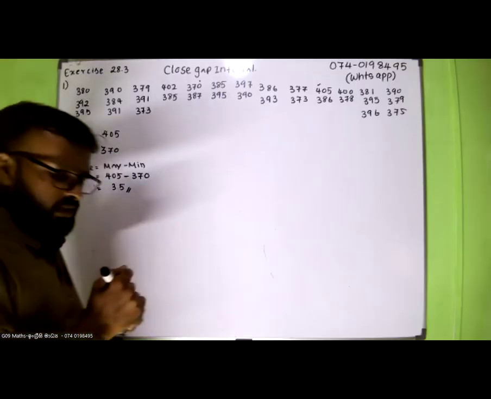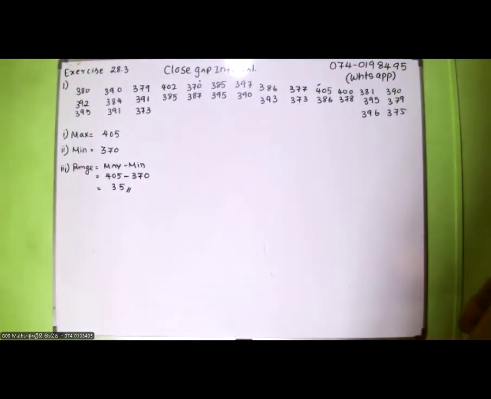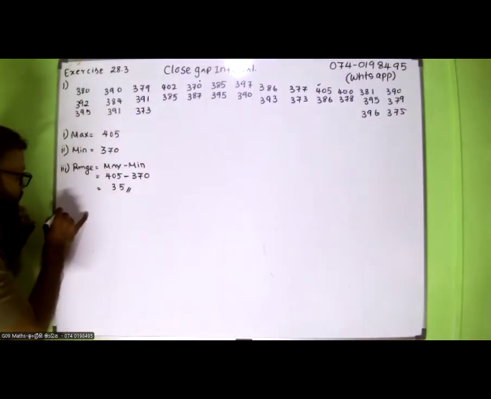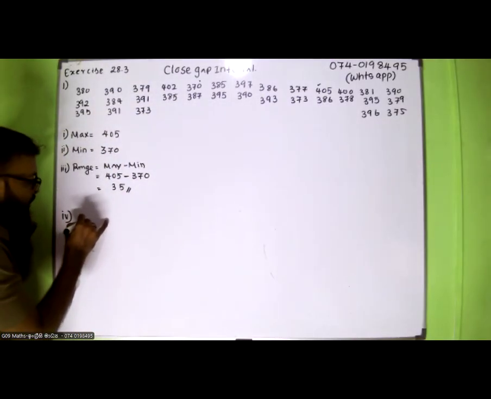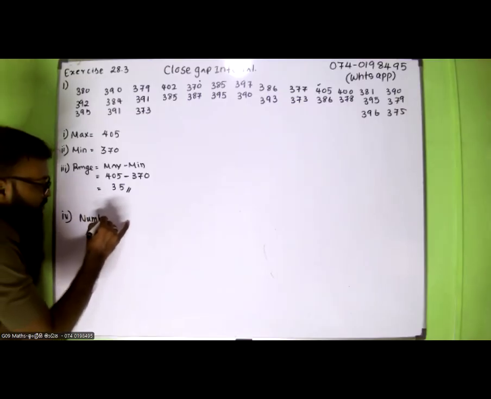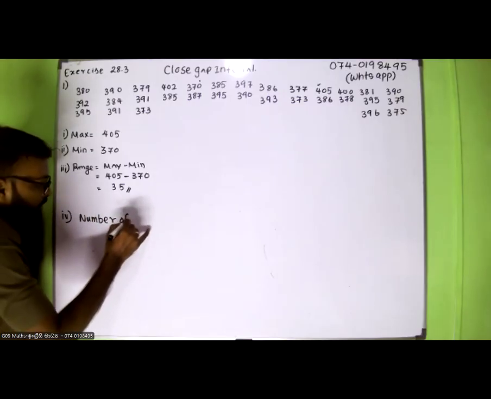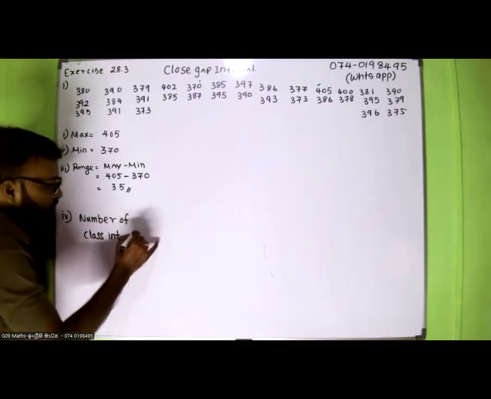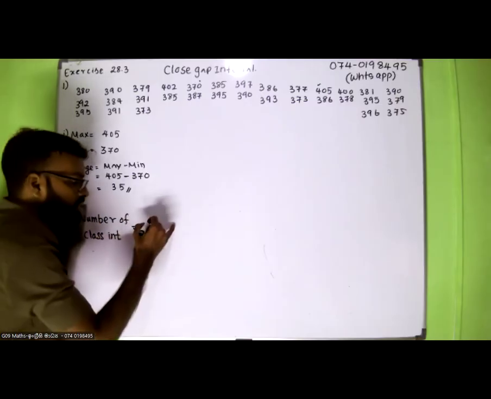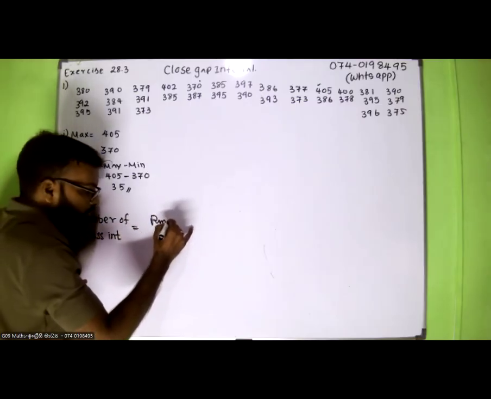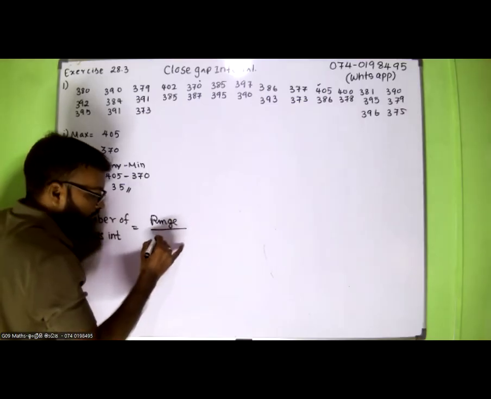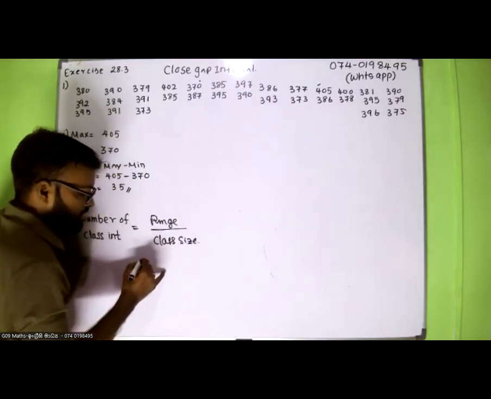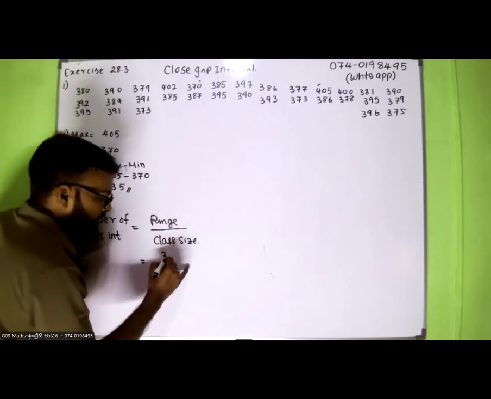Now they have given you the class size, which is 6. So you can find the number of class intervals by using this equation: number of class intervals equals range divided by class size. My range is 35.